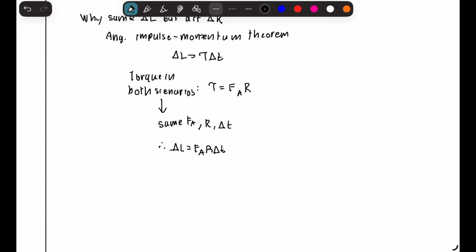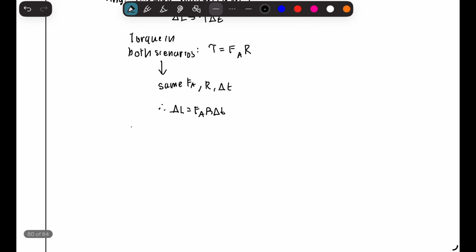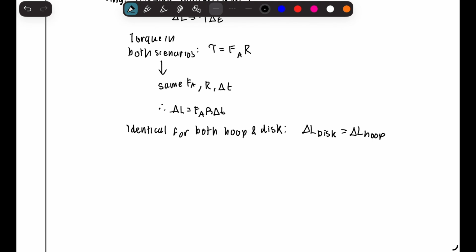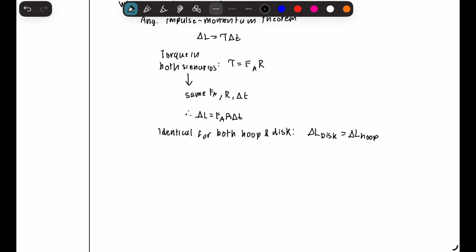Now, this is going to be the same for both the hoop and the disk. So that means delta L of the disk is equal to delta L of the hoop. Now, why is the rotational kinetic energy different?